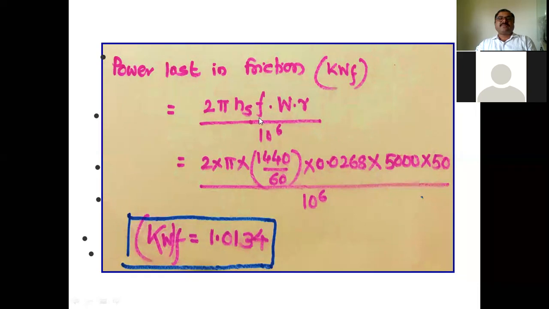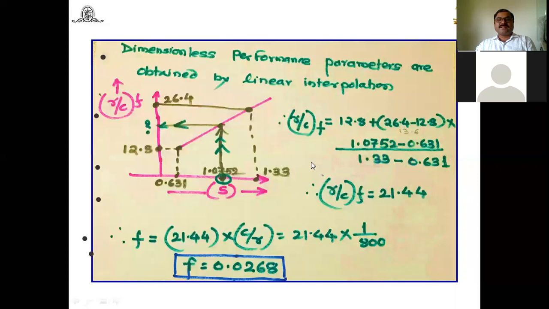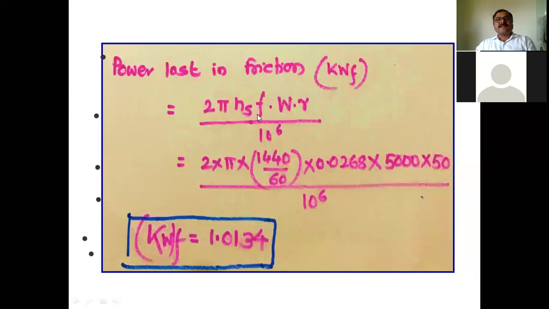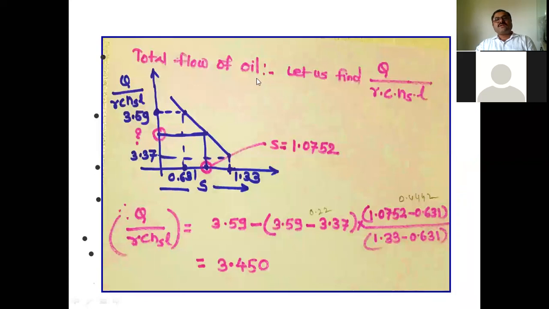Then you have the coefficient of friction calculated by using this linear interpolation. The speed is given in rpm, it's in seconds, that's why divide by 60. You can substitute all these values and here you will get the power lost in friction, that is 1.0134.